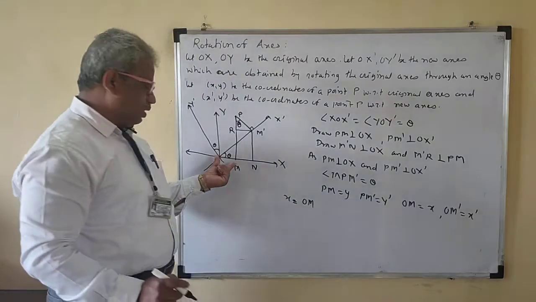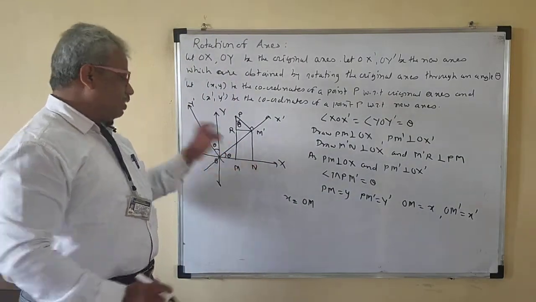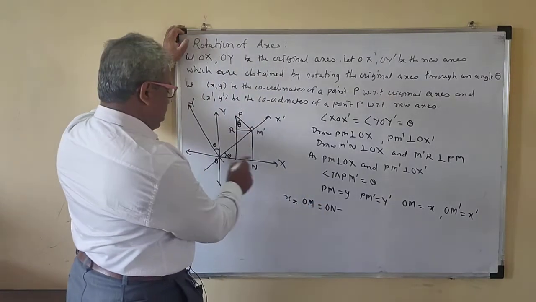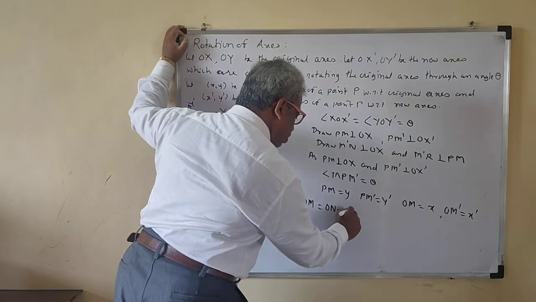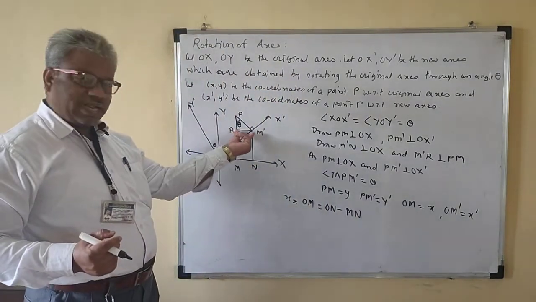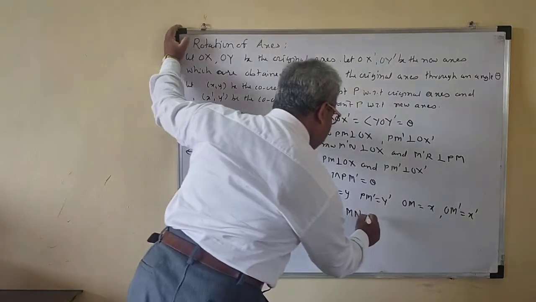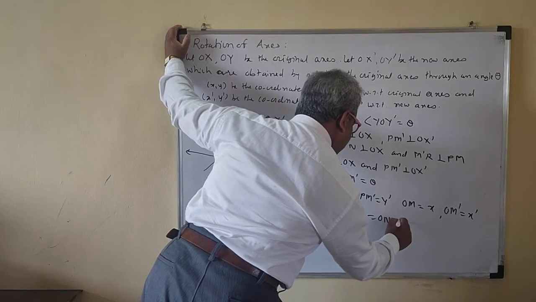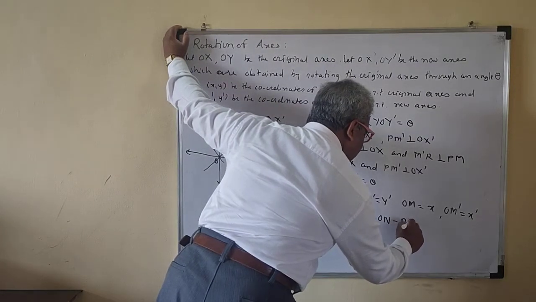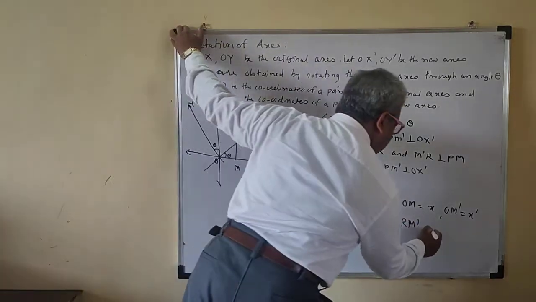OM is ON minus MN. But this MN is the same as RM prime. So this is ON minus RM prime. We'll call this 1.